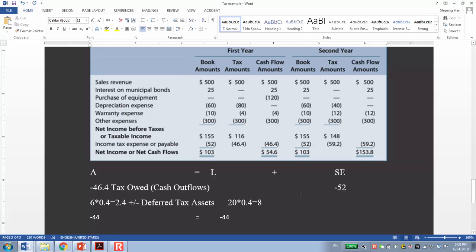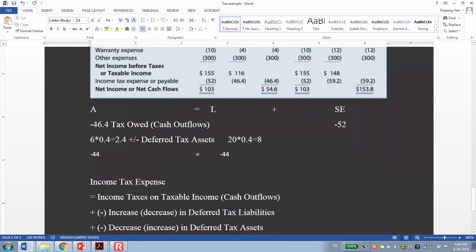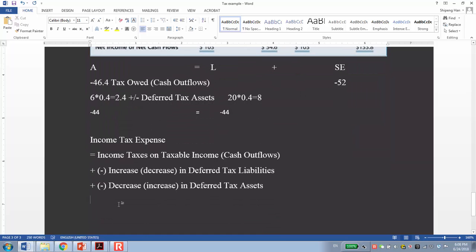But you know this will finally be reversed. So if we put it into this equation, the income tax expense is negative 52.